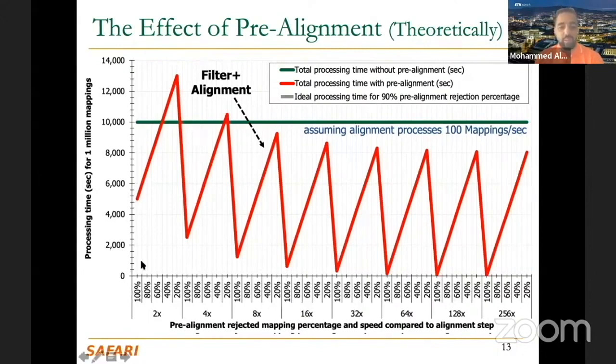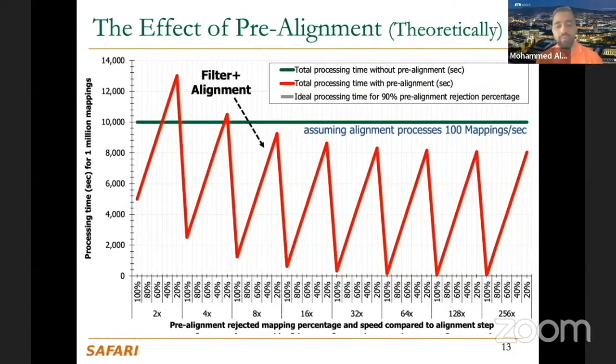Now, as we reduce the rejection rate, the filtering time starts to dominate, and it can even be slower than sequence alignment alone. So if we reject only 20% of the pairs at the peak, and 80% of the pairs go to the alignment, then what will be the total execution time?